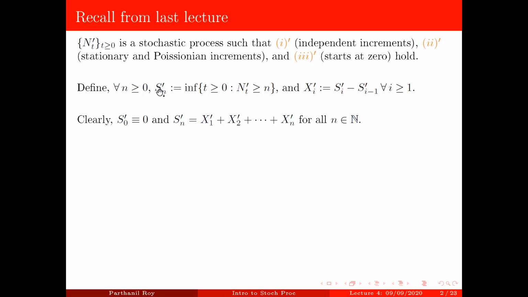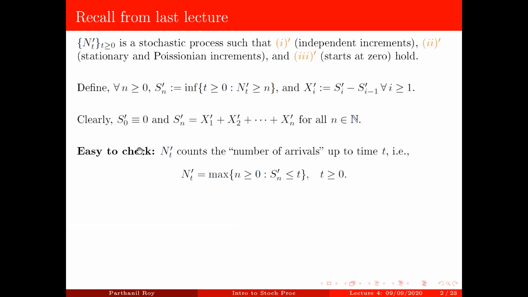Now clearly, we have told this last time also, since all the N(t) dashes are non-negative, it's clear that S0 dash is 0 with probability 1. On the other hand, because of the way we defined Xi dashes, Sn dash is just the sum of X1 dash, X2 dash up to Xn dash for every positive integer n.